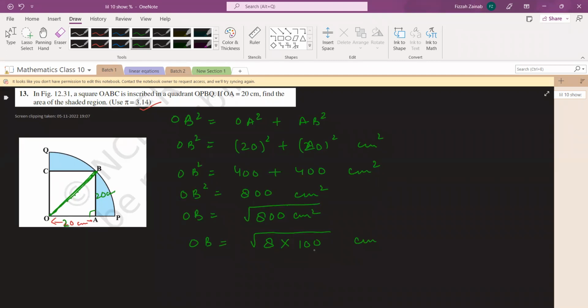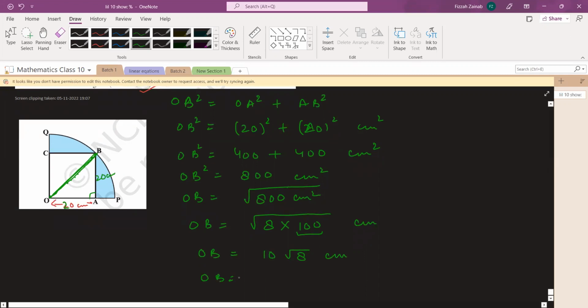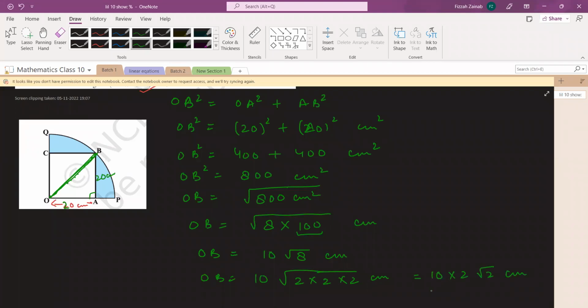Under root of 800, I have written 8 into 100 because 100 is a perfect square. So I can take 10 outside the square root. Is that clear? So this 10 will come out and I'm left with under root of 8 centimeter. Now this 8 can also be factorized. 8 can be written as 2 into 2 into 2 centimeter, right? So one pair will come outside. So 10 into 2 and then 2 will remain inside. So you get 20 root 2 centimeter, not 40.